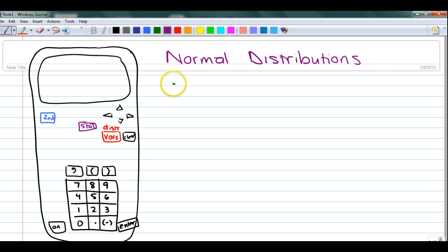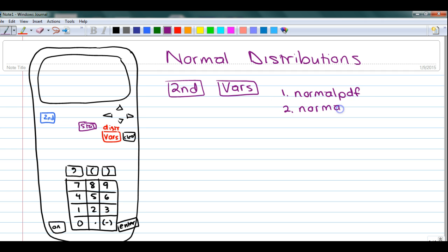So when you hit second vars and you see normal PDF, normal CDF, and INV norm, those are the three functions I'm interested in on this video.